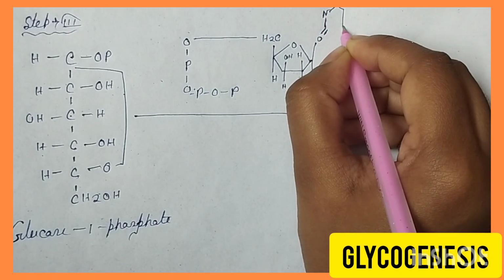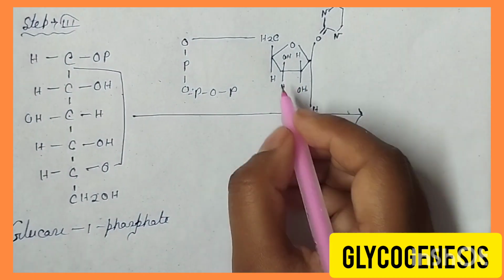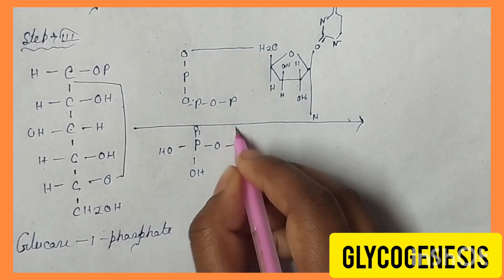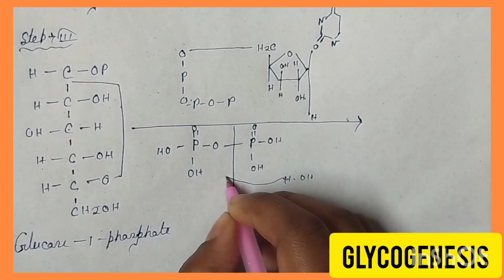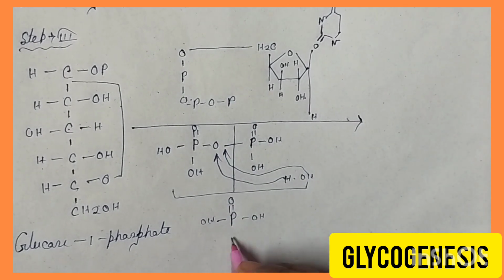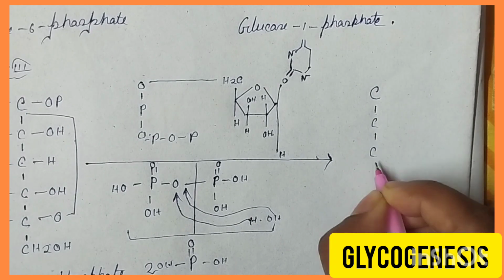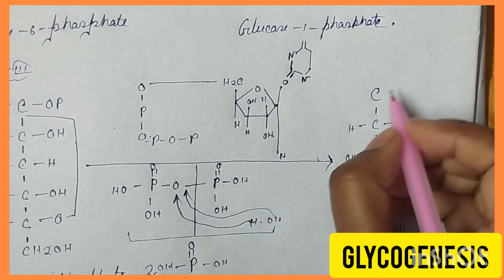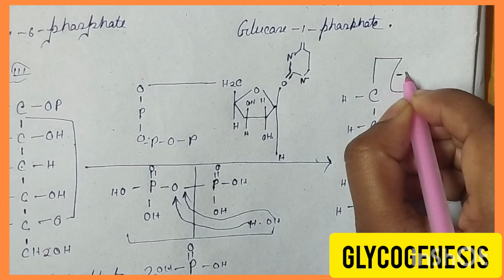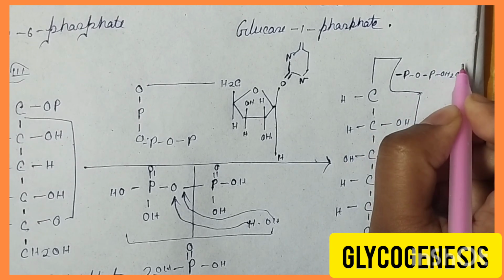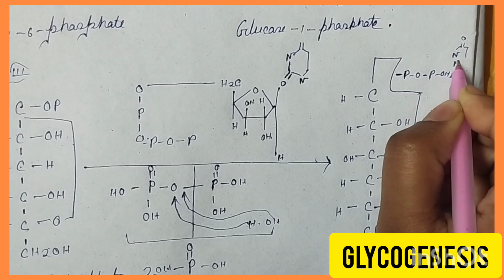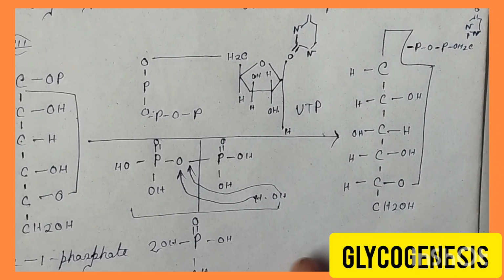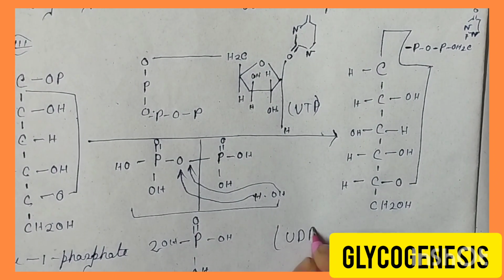So the UTP molecule is first made to react with glucose 1-phosphate by the enzyme uridyl transferase, which eliminates a pyrophosphate molecule during the reaction. The converted UDP glucose is the active form of glucose. UTP is uridine triphosphate and UDP is uridine diphosphate.